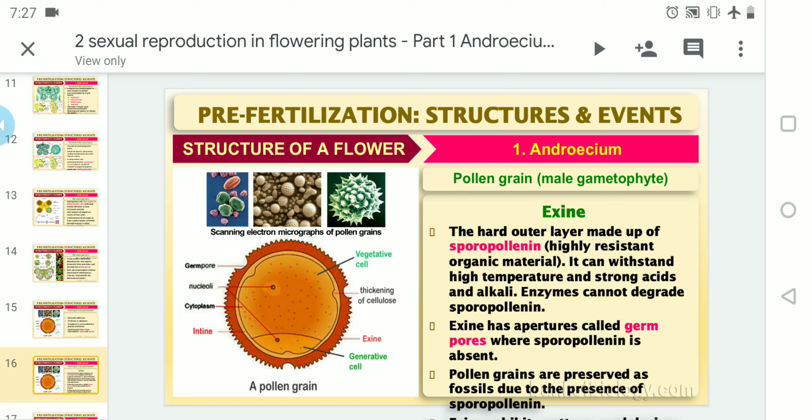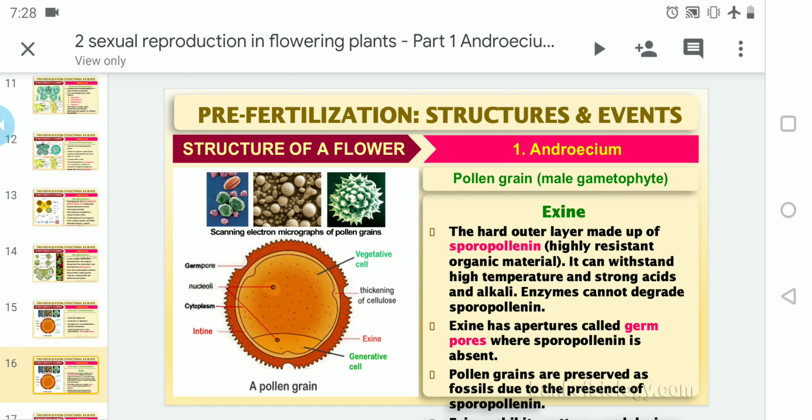One mark questions can also ask, what is sporopollenin? Like that they can ask the question. Then you should write: the exine of the pollen grain is a hard outer layer made up of highly resistant organic material.